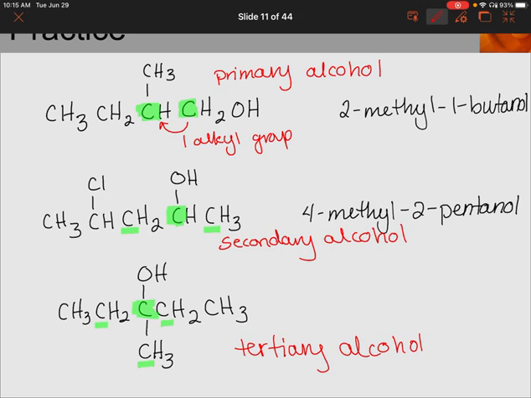So when we start talking about reactions, this will be really important because you'll need to be able to identify whether you have a primary, secondary, or tertiary alcohol in order to predict the product you would get. So that does have a purpose. I'm not just trying to torture you.